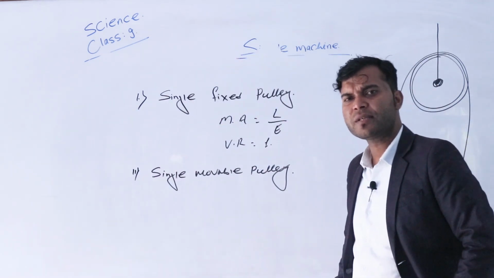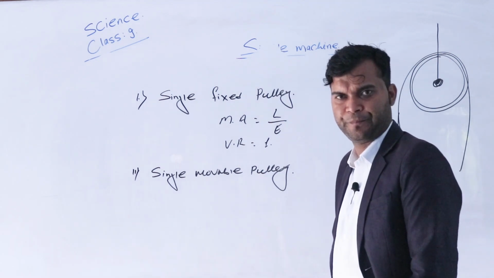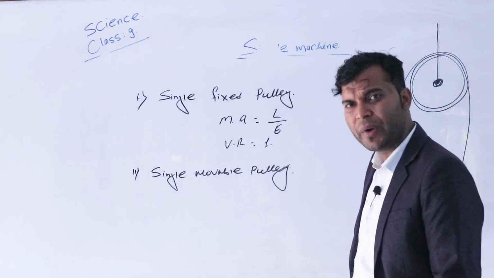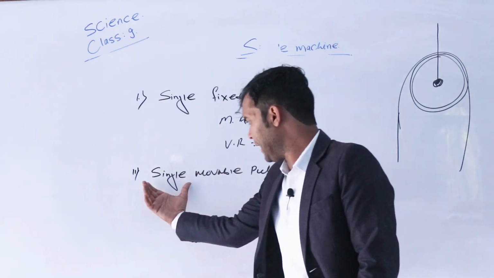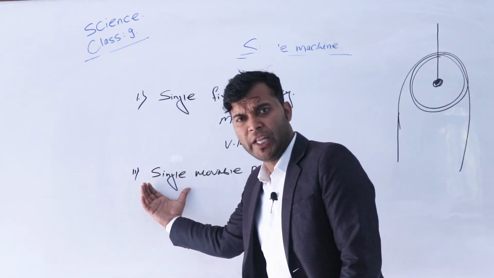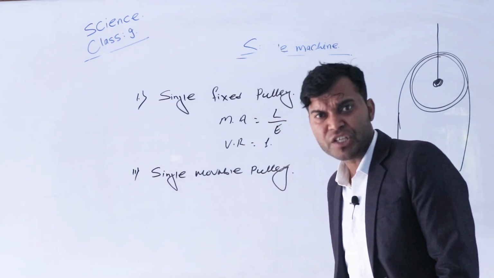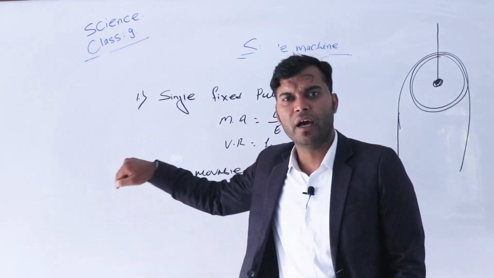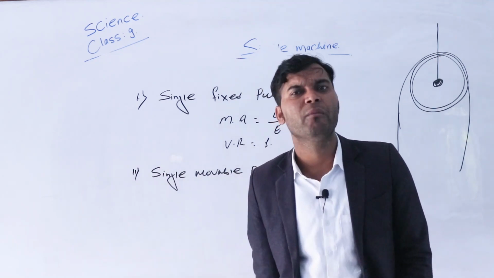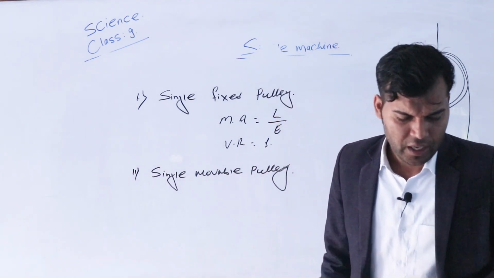In the system there is only one pulley, and this pulley moving with the load is called the single movable pulley. Isn't it? One is the single fixed pulley, one is the single movable pulley.